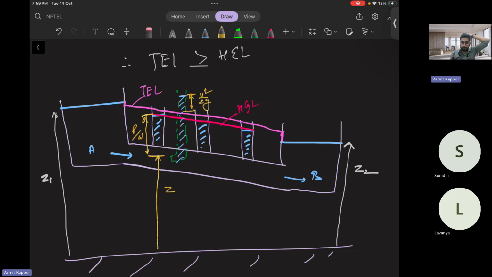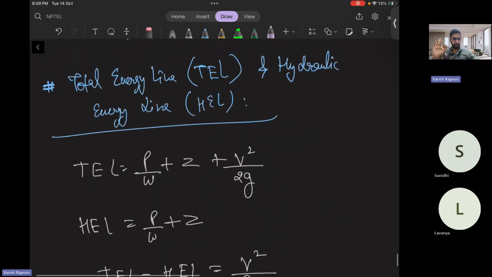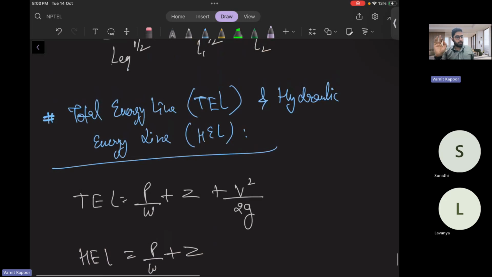This is a pitot tube, and these are your piezometers. So it's always that the total energy line is above the hydraulic energy line. I think this much is enough for understanding.